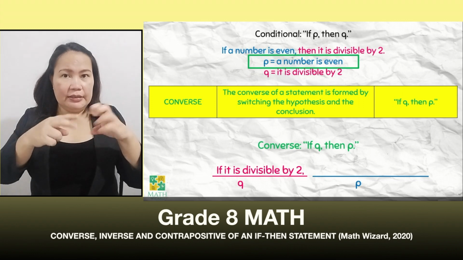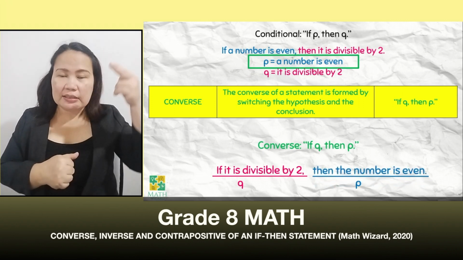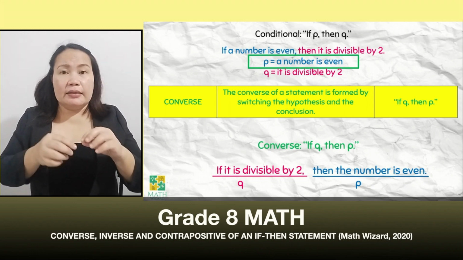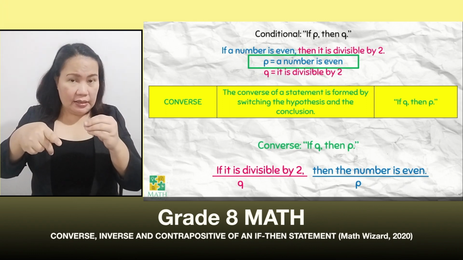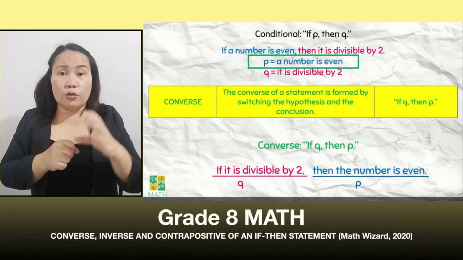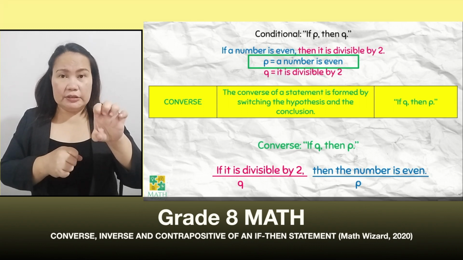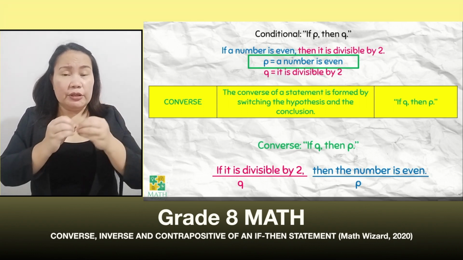Magiging statement naman natin ay then the number is even. Ang ginawa natin, we switch. Pinagpalit lang natin ang ating hypothesis and the conclusion. Therefore, ang ating converse statement na ngayon ay, if it is divisible by 2, then the number is even.